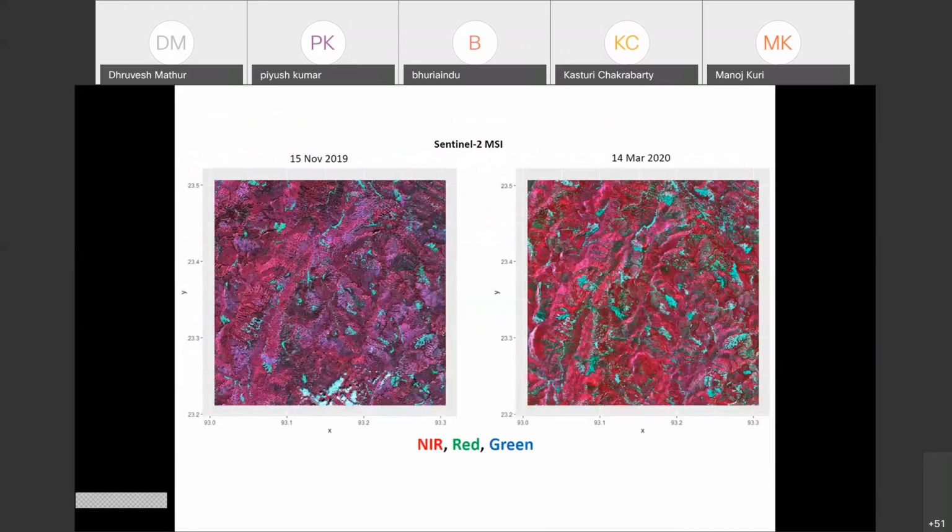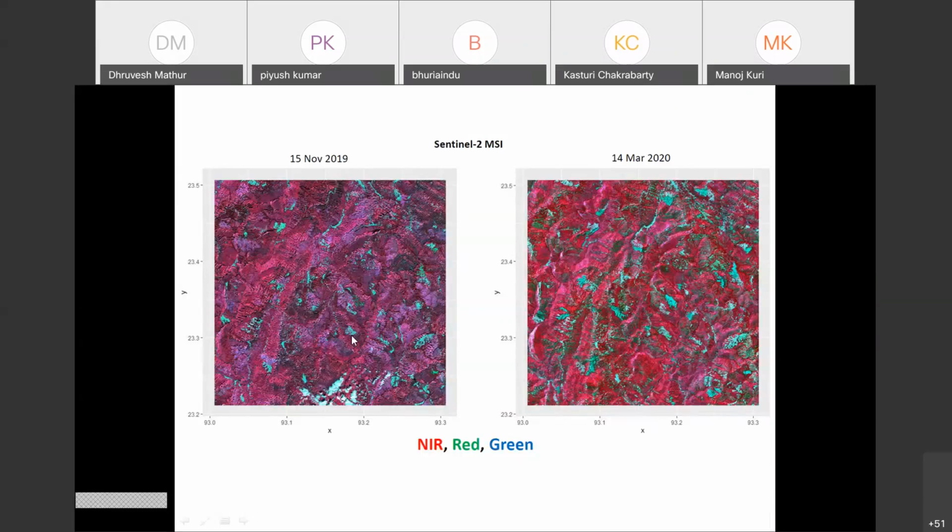So here is a comparison for, say, shifting cultivation areas or forest fire, which is also a result of patches being burnt in a particular area, and such plots are left behind where they continue the cultivation, and after 1 year or so the plots are left idle for vegetation regrowth.